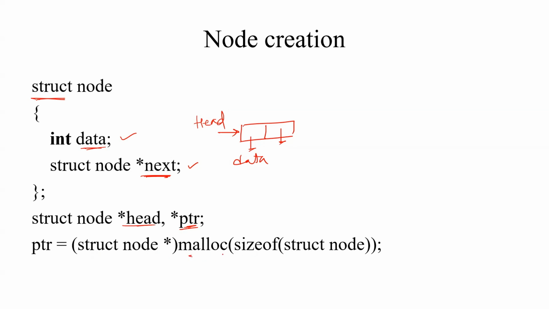It means this function will create memory of the size of the node. In the node we have two things, data and pointer next. You need not write this in the C language. You can just write malloc sizeof struct node and it will create the memory for the node.